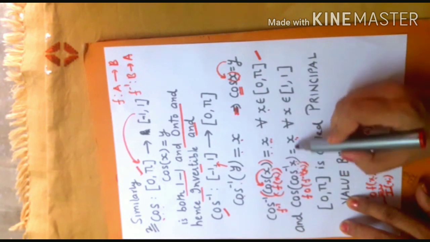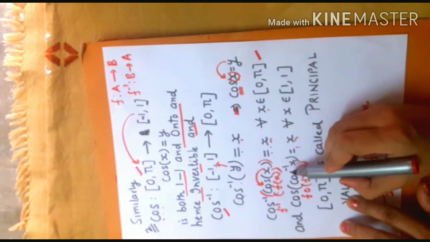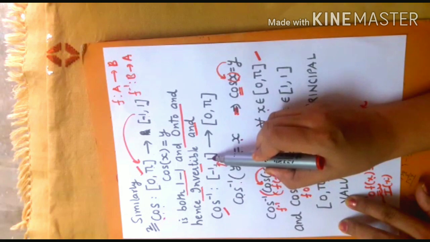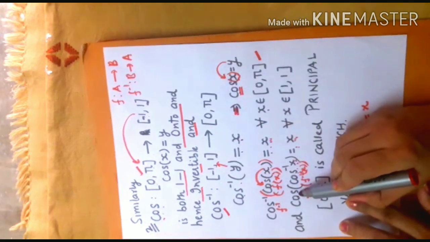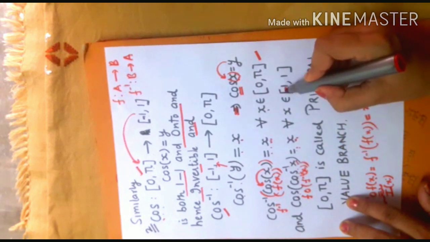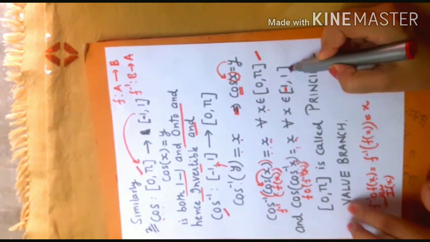So image of x will be equal to x, and this x should belong to the domain of cos inverse, which is the closed interval -1 to 1. So cos of cos inverse x is equal to x for all x which belong to the closed interval -1 to 1.